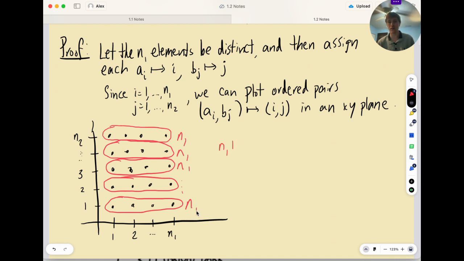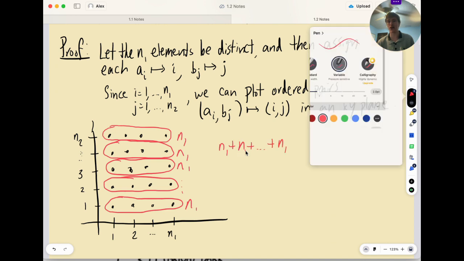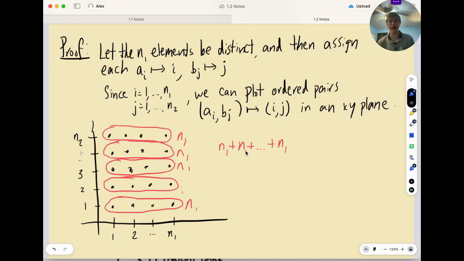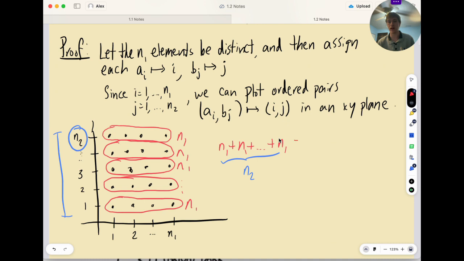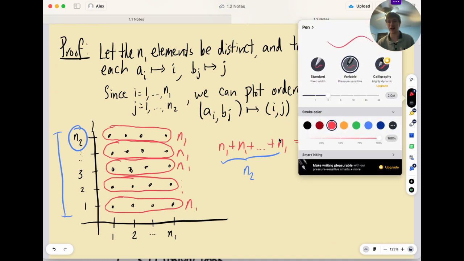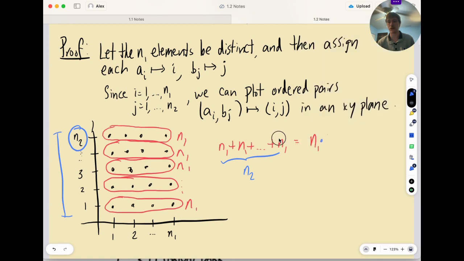So we have n1 plus n1, and we're adding n1 a bunch of times. Well, the question is how many times? And the answer to that is n2 times, right? So we are adding a number n2 times, which by the definition of multiplication means that we're really multiplying this times n2. And that's what we wanted to show.